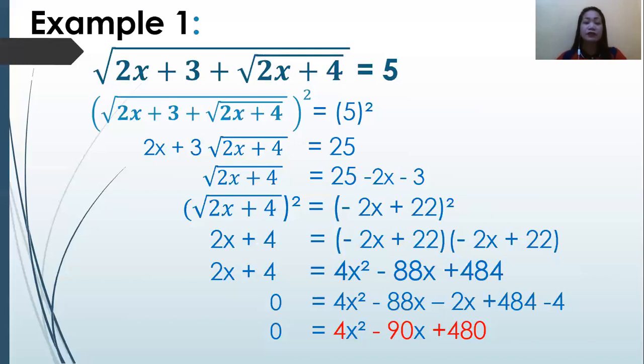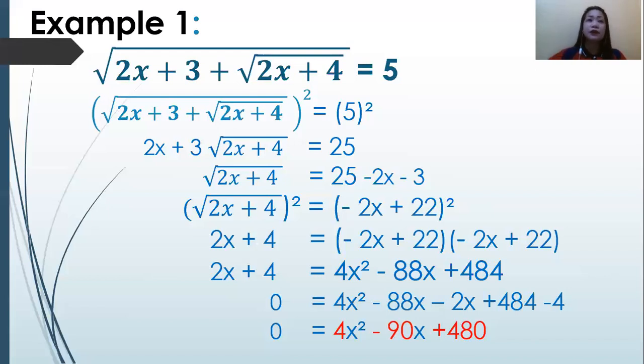Our equation now is 0 is equal to 4x squared minus 90x plus 480, because positive 484 minus 4 becomes 480.